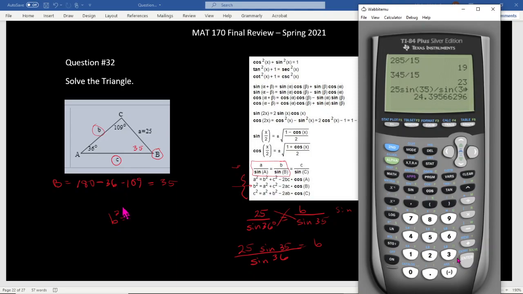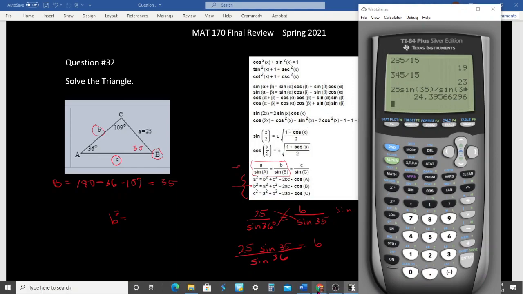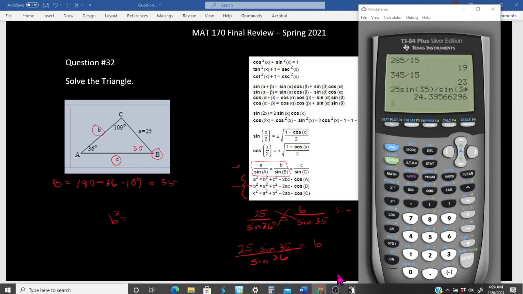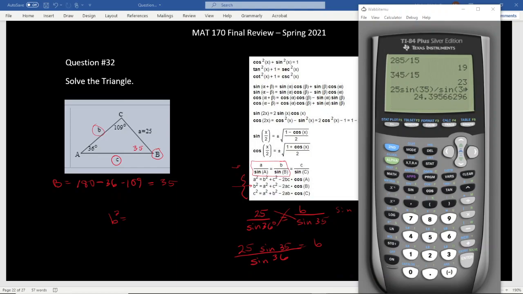So I think they have us do it to one decimal place. Let me check. Round to the nearest tenth, yeah, one decimal place. 24.3, 24.4.